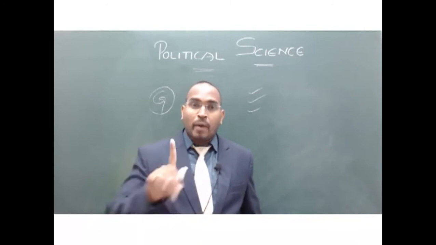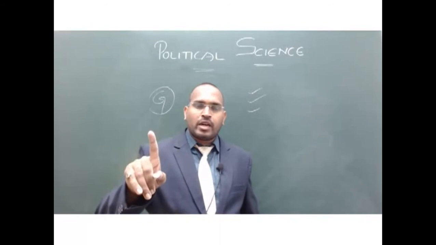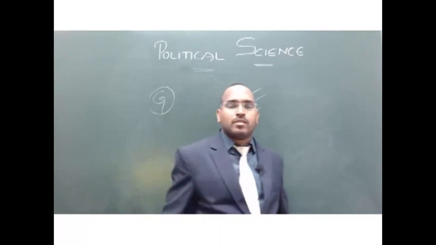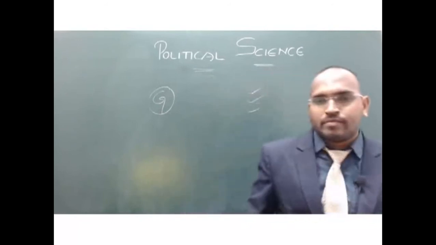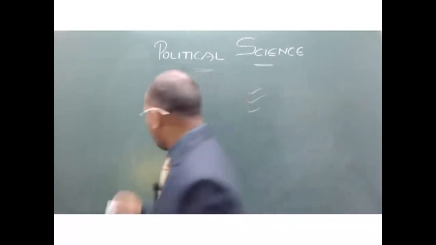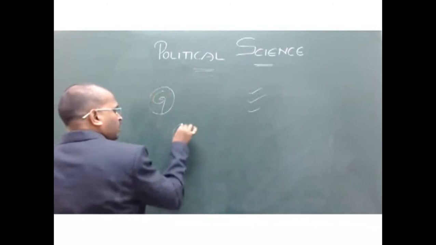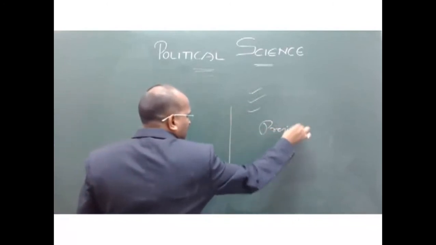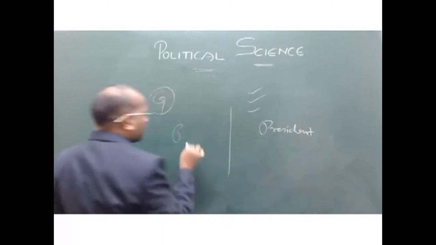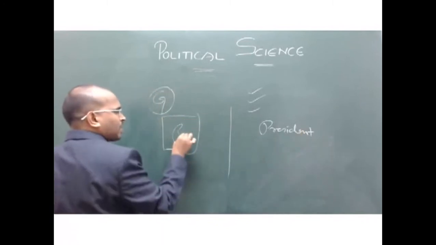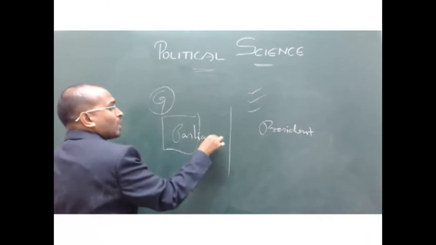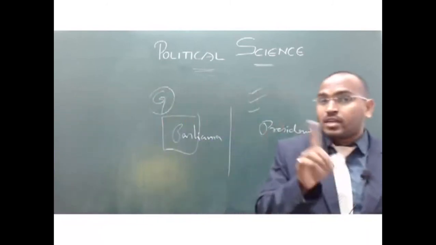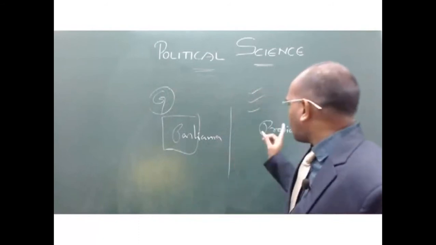But one thing is important here. The Indian government is a parliamentary type of government. We know parliamentary type of government is there, and presidential type of government is there. What is the difference between the parliamentary type and the presidential type?